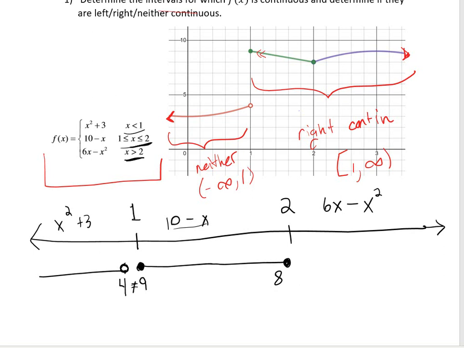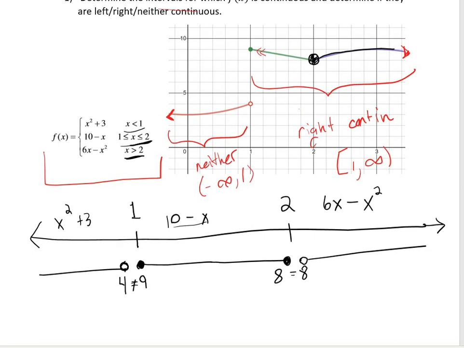So 6 times 2 is 12, minus 2 squared, which is 4, so that's going to give me an open circle, and that value is also going to equal 8. Since those are equal, these 2 points are going to overlap. We're going to have an open circle coming from the right-hand side, but that circle is going to get filled in as we approach from the left-hand side.